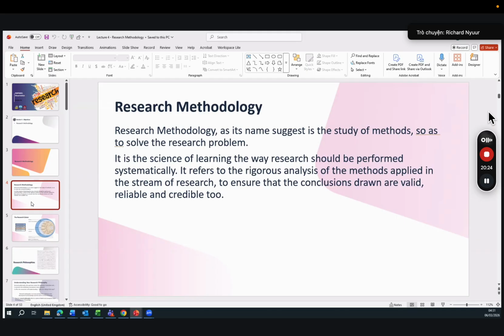So there are different approaches or different ways of cooking the food, or there are different types of ingredients you get to prepare a particular meal. So depending on your topic, it is the same.